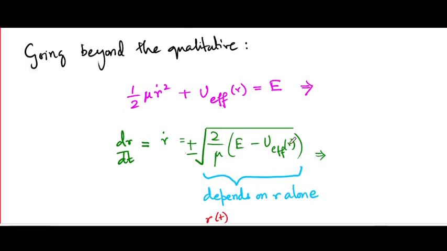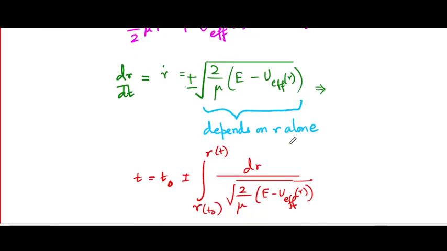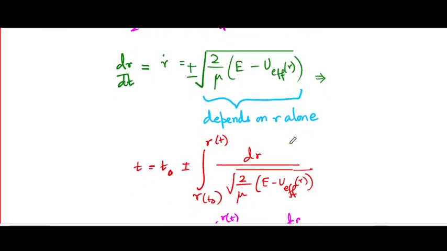And once you have done that, you can immediately integrate dt to get t minus t0 equals, or t equals t0 plus the integral of dr divided by r dot. And this dr by r dot expression has a plus or minus sign, the same plus or minus sign that we had here. And the integral has to be carried out from r of t0, the value of r at the initial time, to the r at time t.